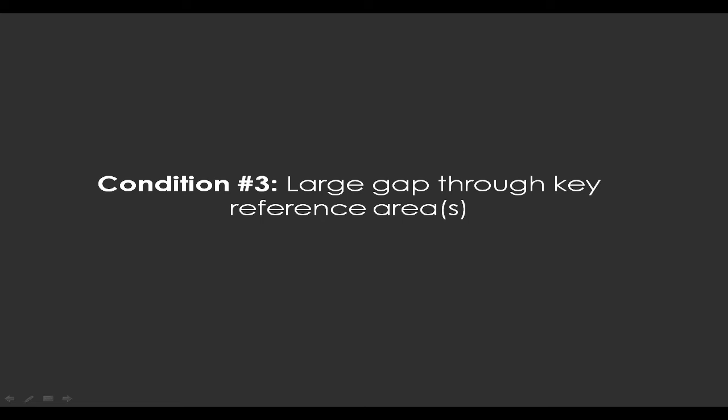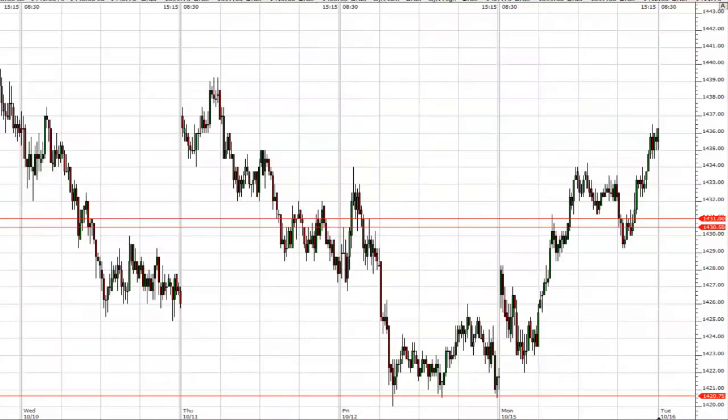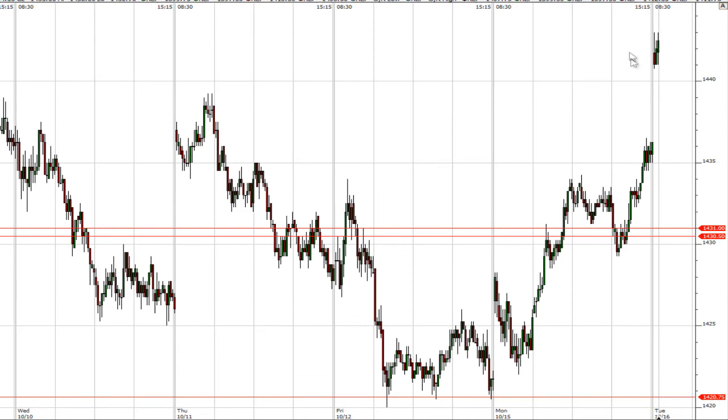And let's take a look at an example to show you what it's all about. Okay, this is a good example. As you see here, we had a bunch of days, down, up, down, all over the place. No real pattern to it per se. Okay, but then the next day, what happened? We gapped up right here.